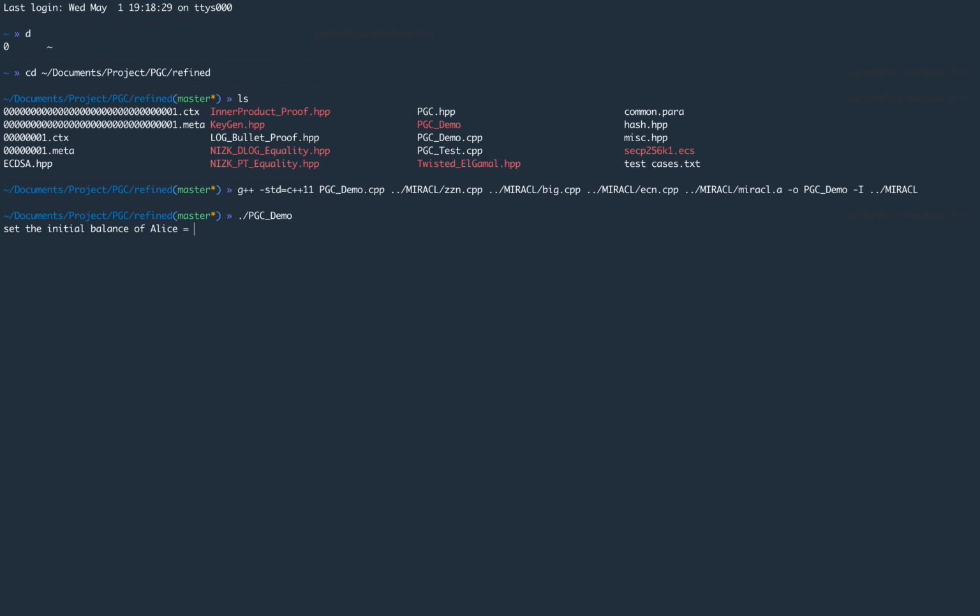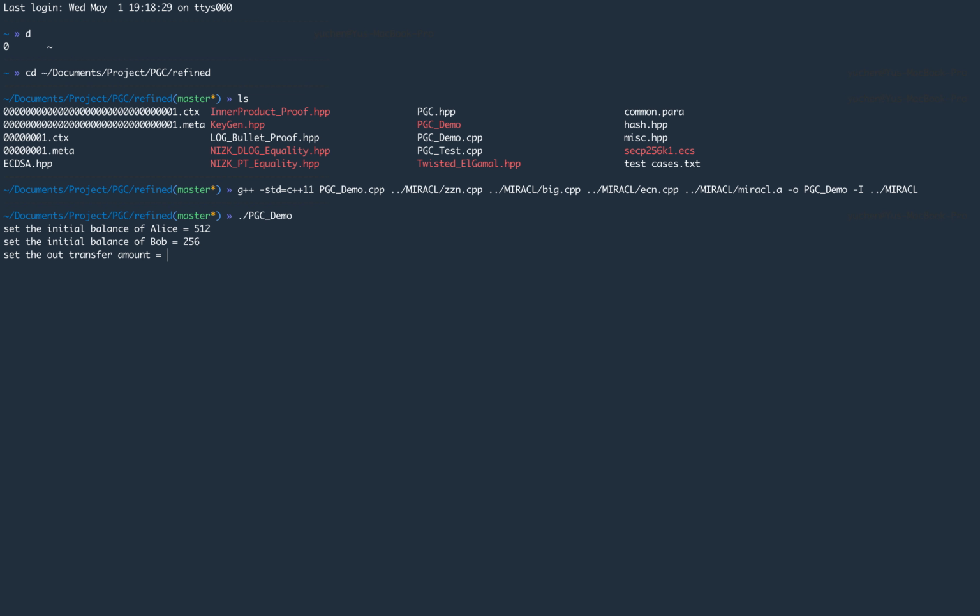Okay, in the first case, we will set the initial balance of Alice to be 512 and the initial balance of Bob to be 256.